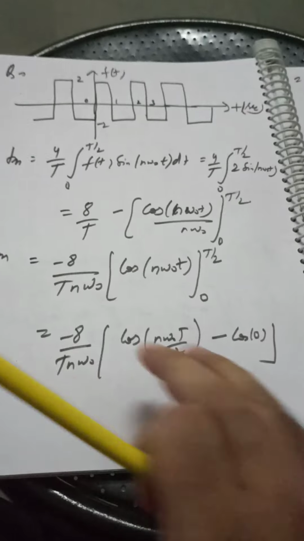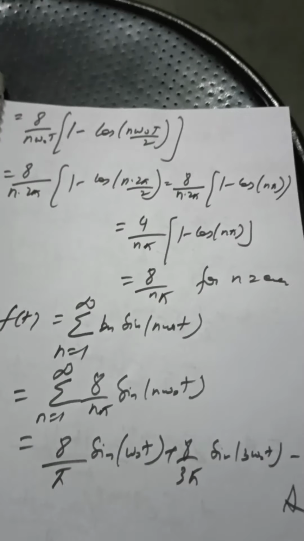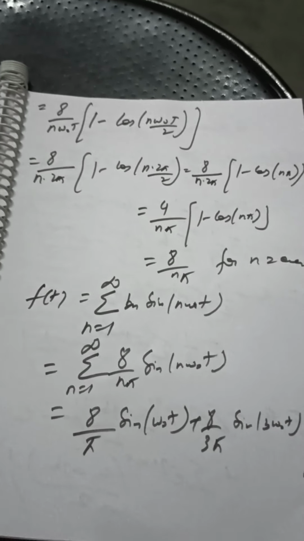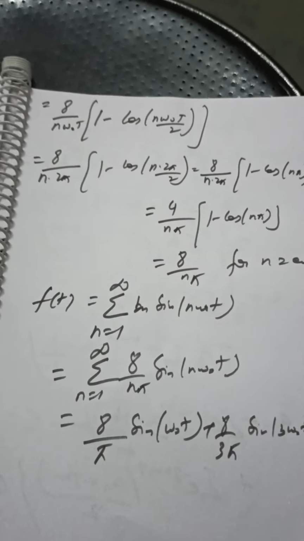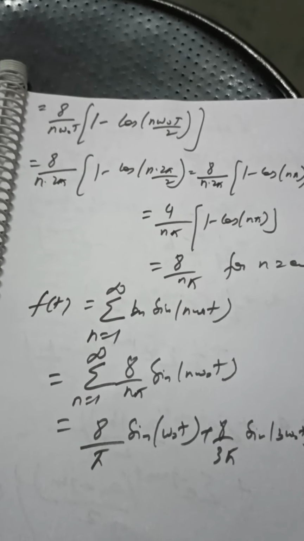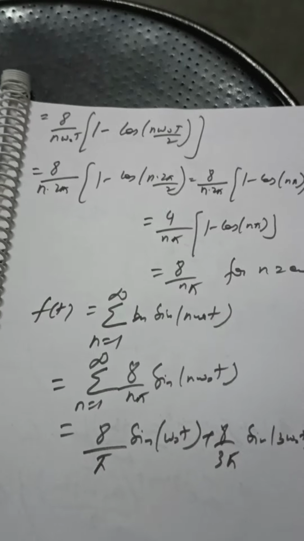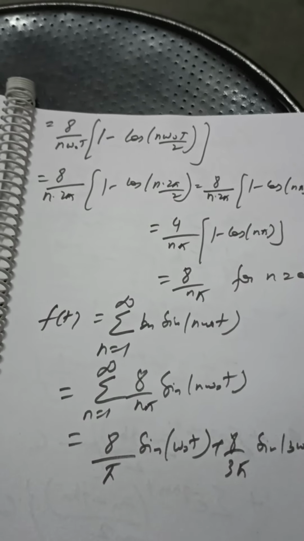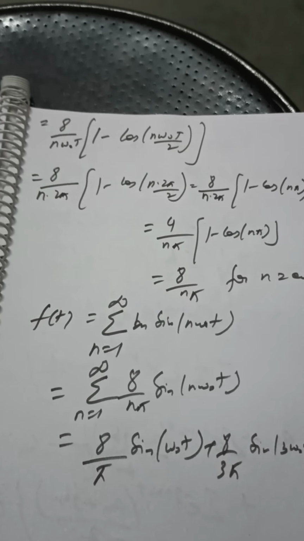Now tell me one thing. If this is the expression 8 by n omega naught T, 1 minus cos n omega naught T by 2, and this is 8 by n 2 pi, 1 minus cos n into 2 pi by 2. Now one thing has to be very clear: whatever be the value of n, n can be 1, 3, 5, anything, but obviously it is going to be an odd function.